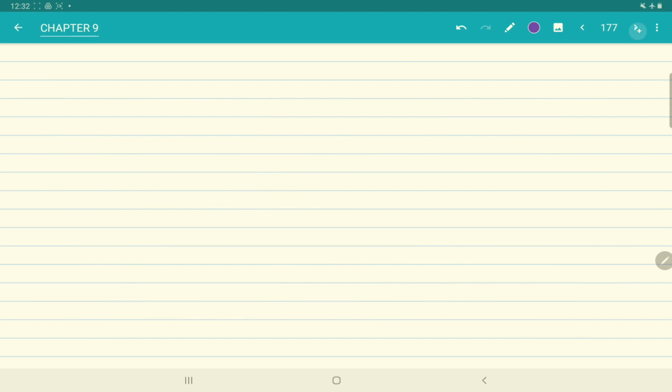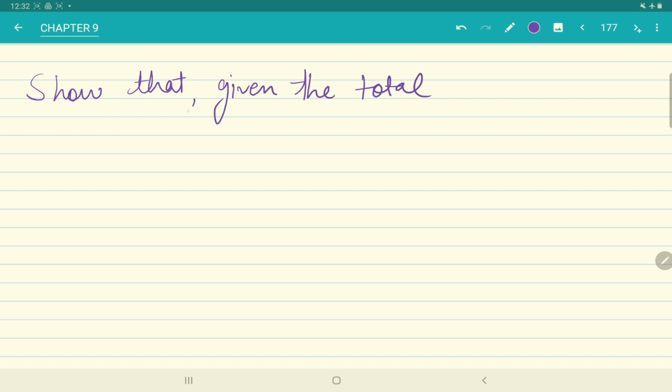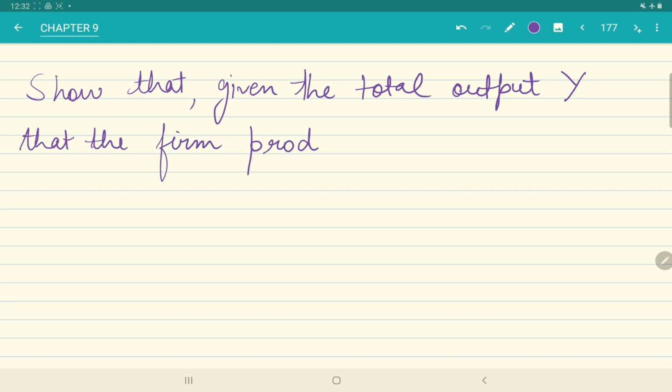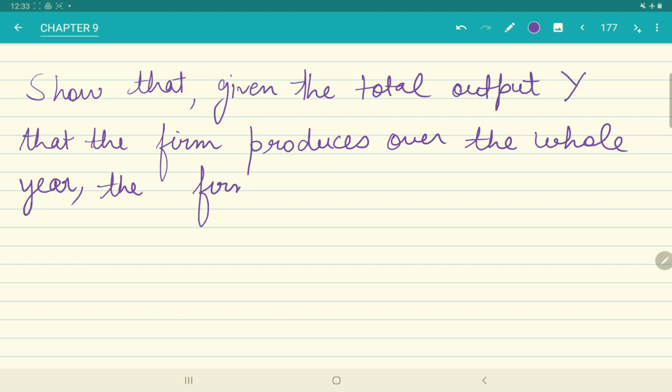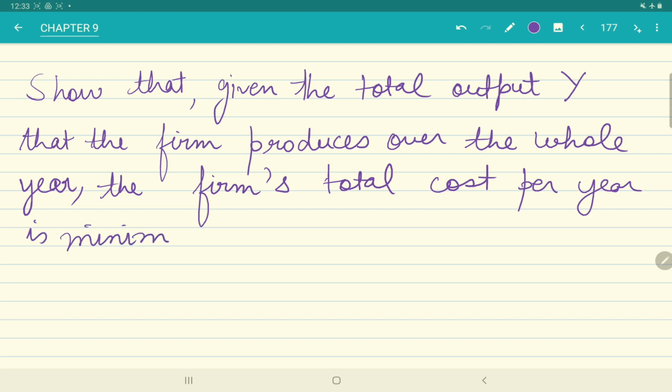What we have to show in this question is that, given the total output Y that the firm produces over the whole year, the firm's total cost per year is minimized by choosing a constant flow of output.